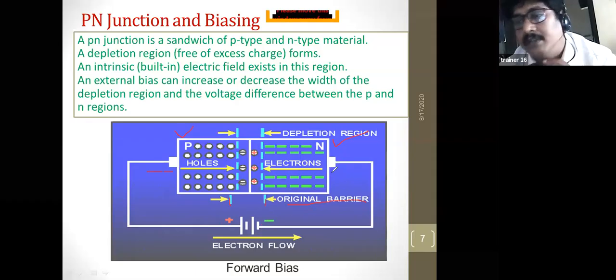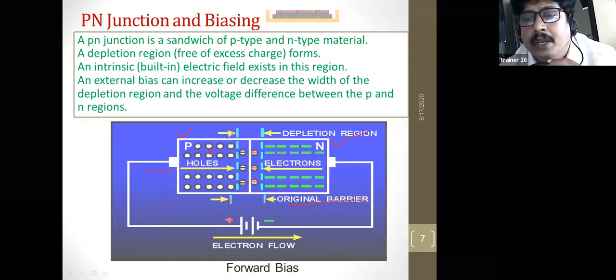What you have to understand clearly is that here the positive is there with the holes, and the negative is there. It will attract the positive holes, and the negative, that means electrons, will be attracted towards each other, and thereby the depletion region changes.